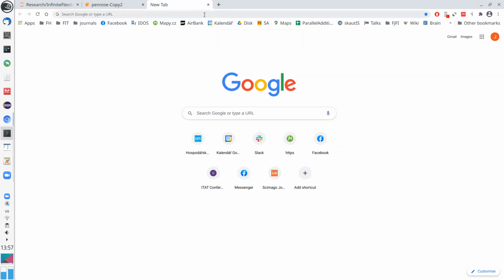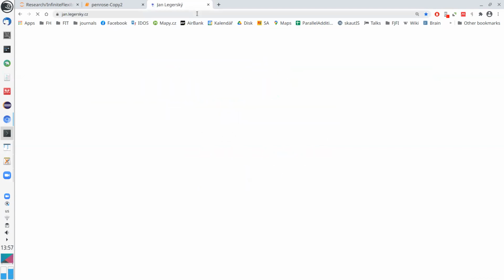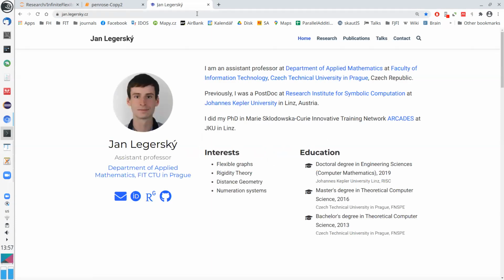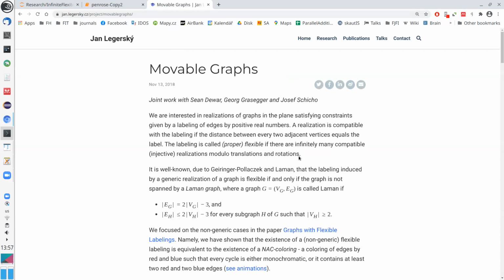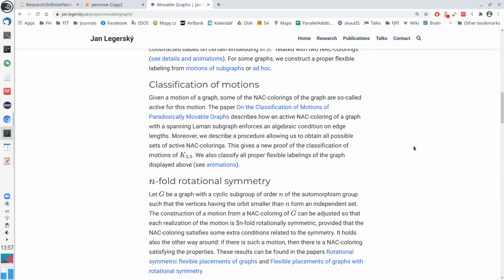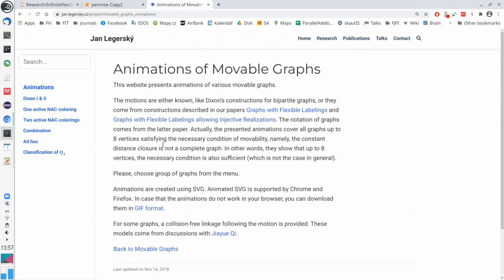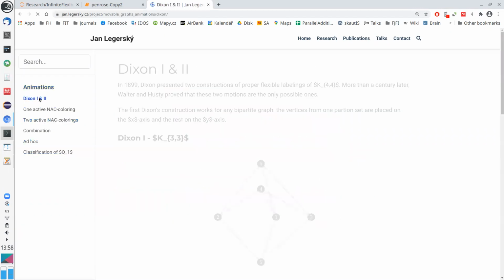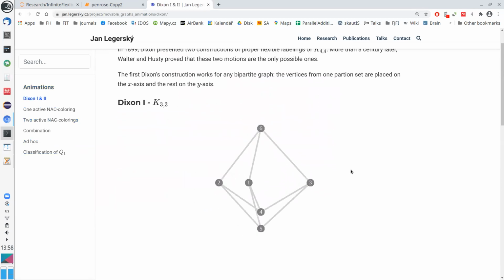Yeah, I just wanted to show you something that is planar, flexible, but not a parallelogram framework. I hope I have it. Oh, sorry, there's no planar.